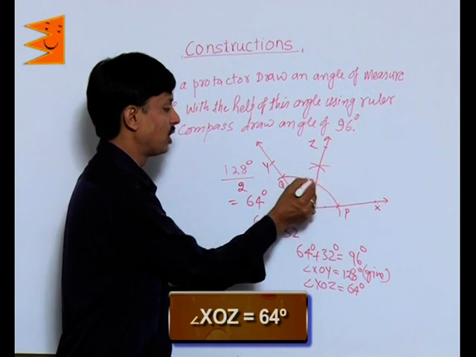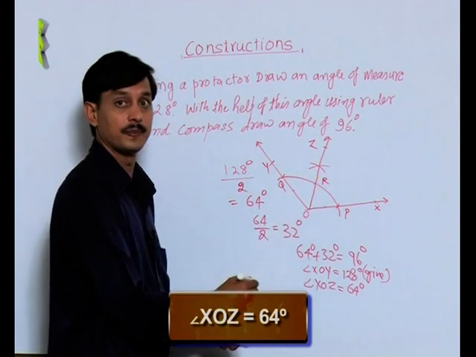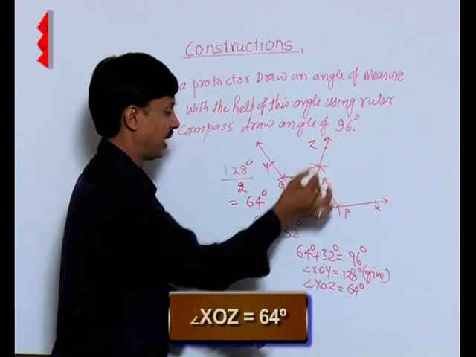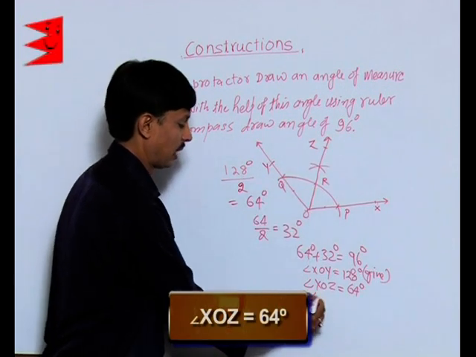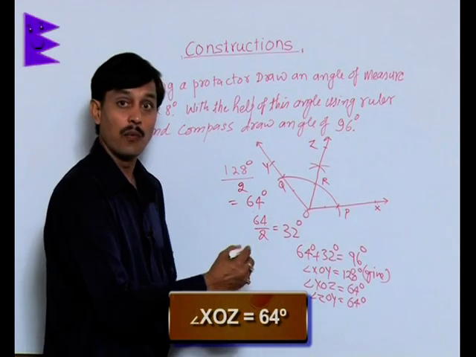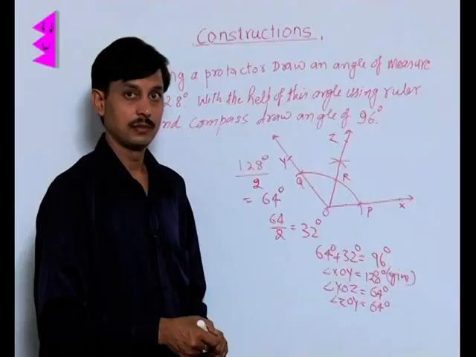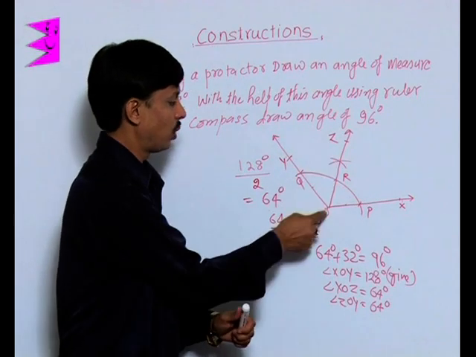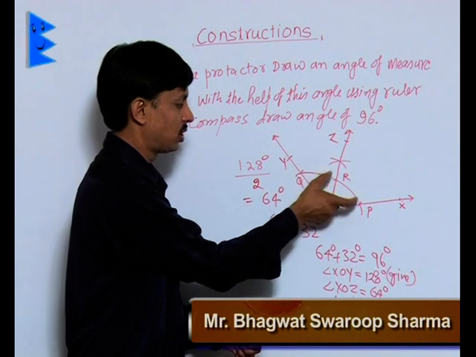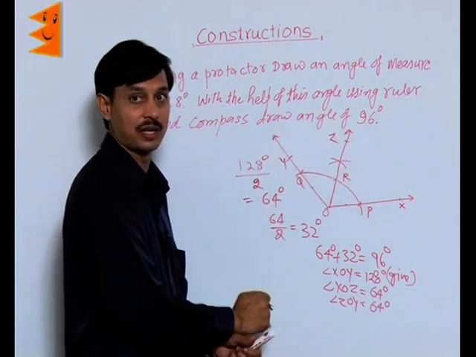If I take this point as R, you can see angle ZOY. Angle ZOY is also 64 degrees, because this is 64, this is 64, this is the bisector.